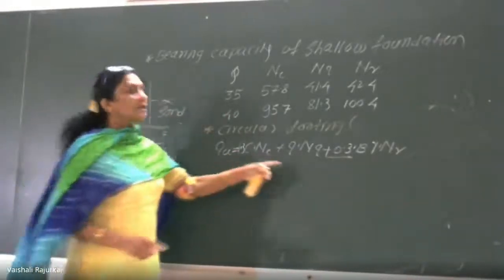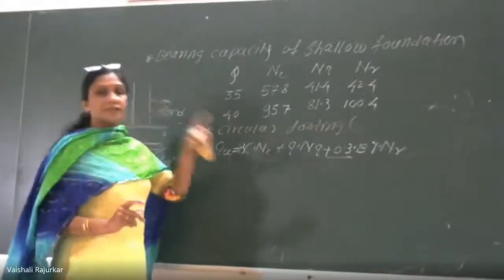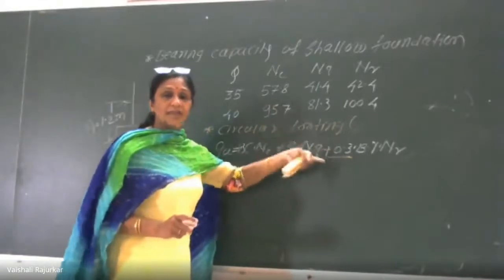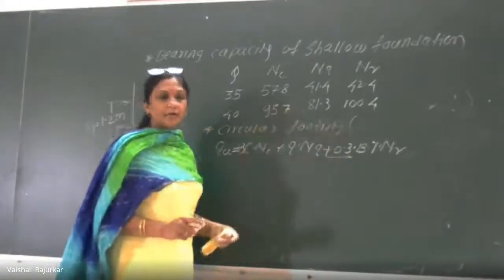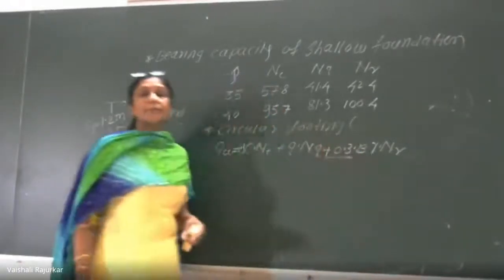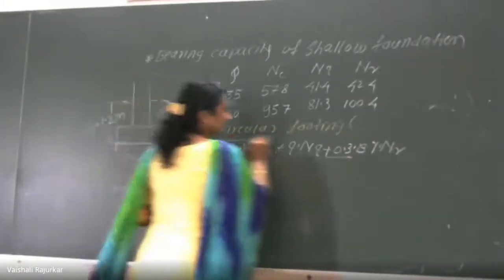In practice, it is never suggested, because the circular footing always has less bearing capacity than the square and rectangular footing, as the multiplication factor for the third term is directly reduced by 0.1. Right? So this is the equation.